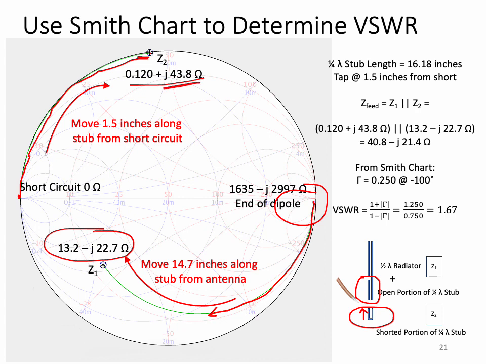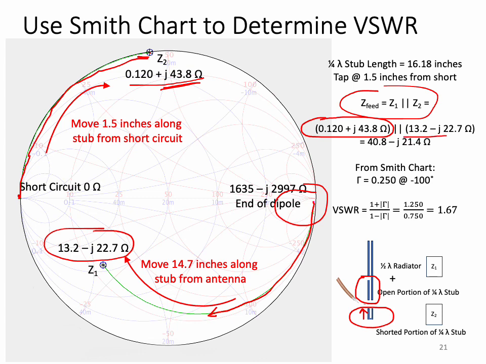The feed impedance Zfeed then is the parallel combination of Z1 and Z2. So we take those two impedances we just calculated, the one from the shorted stub up to the feed point, which is 0.12 plus j44, and the one from the antenna end feed to the top of the stub where the coax is connected to our transmission line, and that's 13.2 minus j22.7.